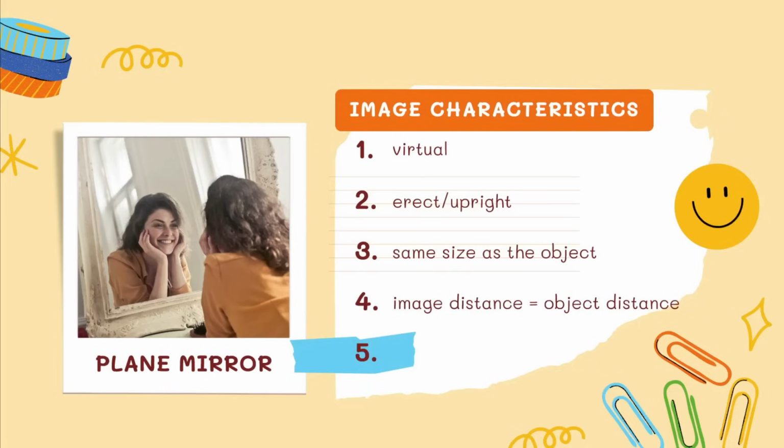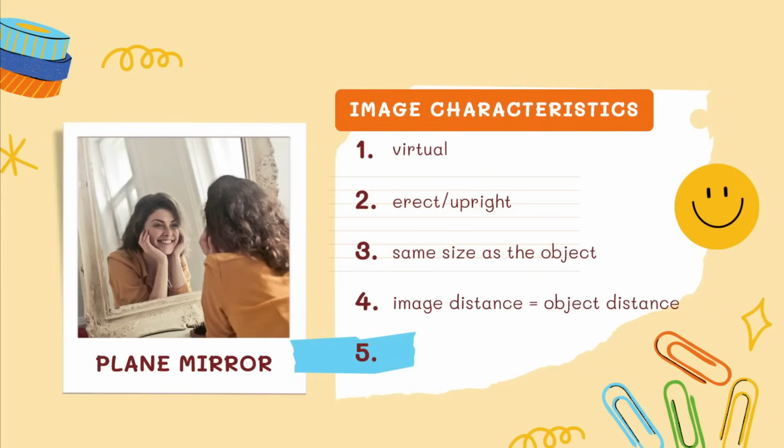The next characteristic of an image formed by a plane mirror is that the image distance is equal to the object distance. So taking the mirror as our point of reference, kapag tayo ay nakatayo 1 meter from the plane mirror, yung image natin ay nakatayo din 1 meter at the back of the mirror.